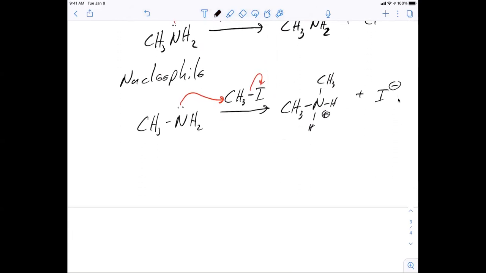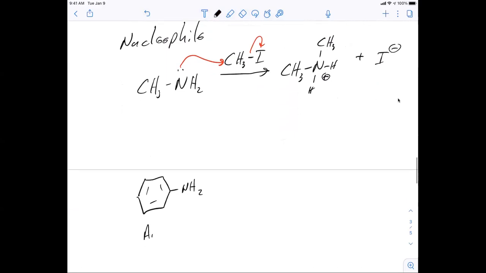Besides the straightforward amines, remember we have a couple of other groups, such as the aromatics, like the aniline. That's an amine. We've got the heterocyclics, like pyridine.